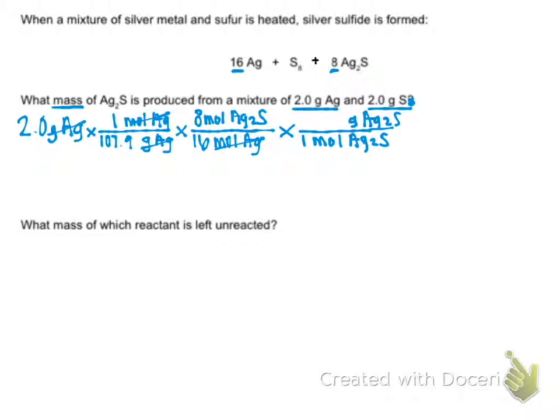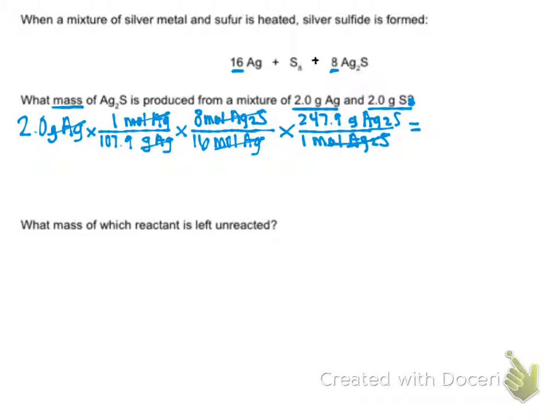So that's your 107.9 plus 107.9 plus the mass of sulfur, which is 32.1. So the molar mass should be 247.9. So your units cancel out that are diagonal from each other. And so you should solve this. Your final unit is grams Ag2S, and that's what it is asking.